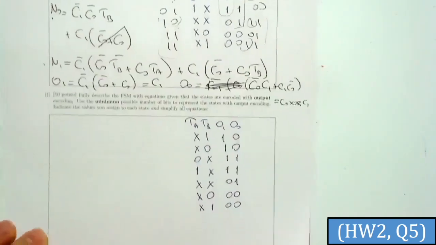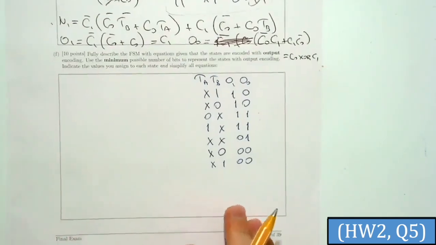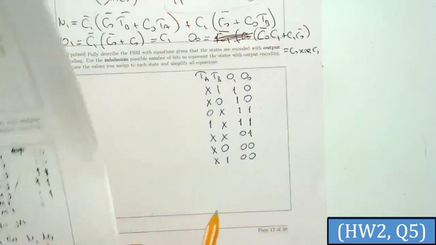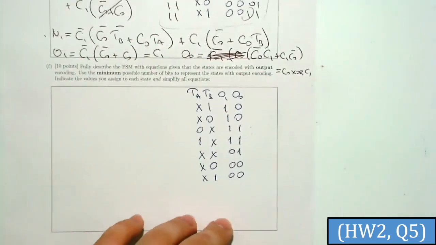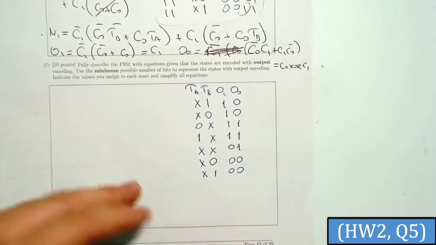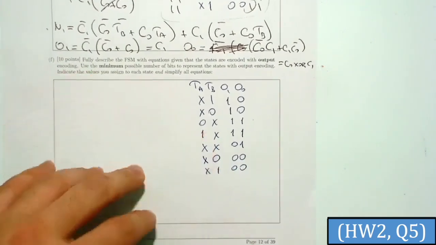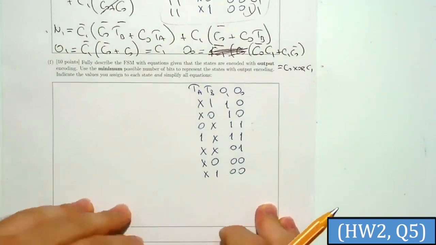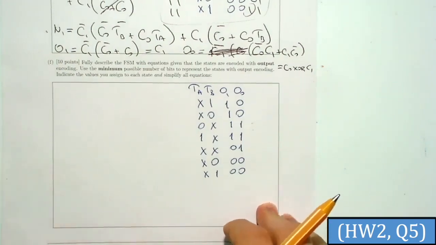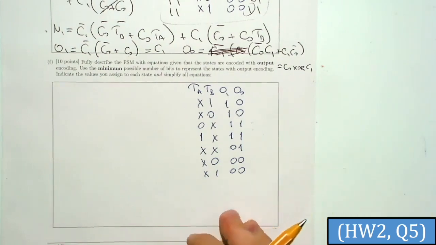Okay, so the last one is tricky because it asks for the output encoding. This means that I need to make sure that the output is encoded so that the output logic circuitry will be minimized, right? So how can I ensure that beforehand, without writing the truth table and the circuitry?